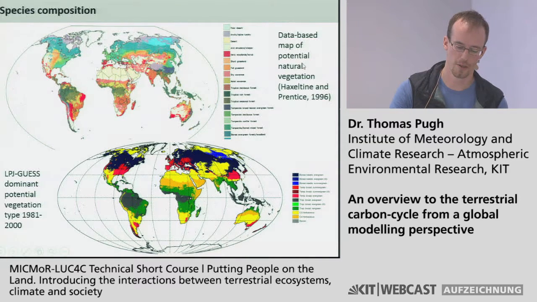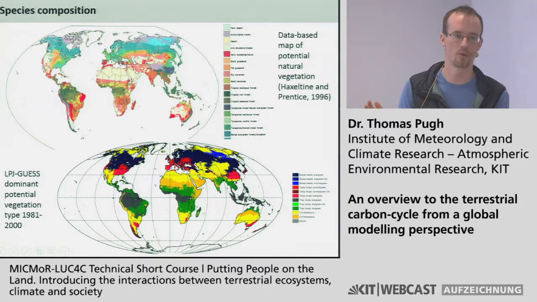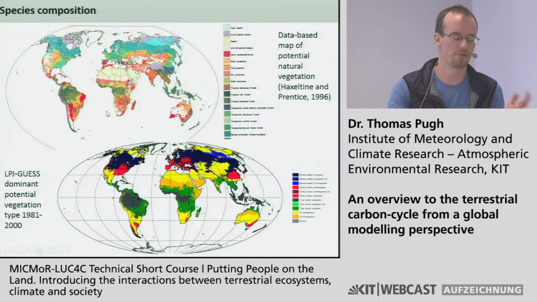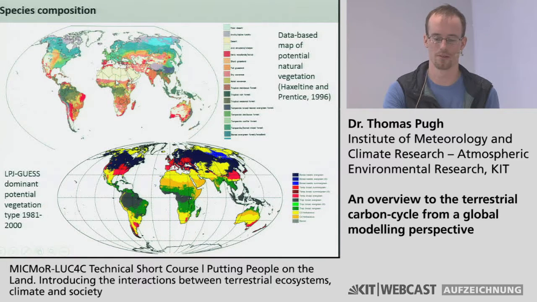So this is just showing a potential natural vegetation map from LPJ-GESS. So the vegetation that would be there if there was no human influence at all, according to our model processes. And this is an attempt at reconstructing what the potential natural vegetation should be based on observations. So obviously there is no observation of real potential natural vegetation.